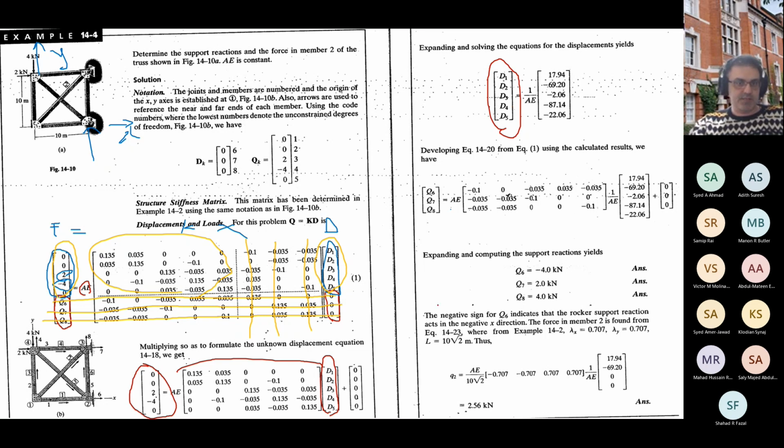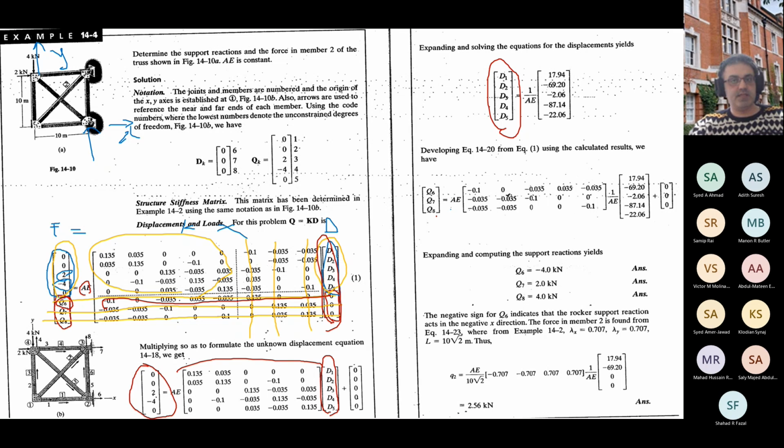For the support reactions, as you know, we use those rows and columns that we already eliminated. For example, Q6 is this line multiplied by this 8 by 1 vector. So you can just write that one.